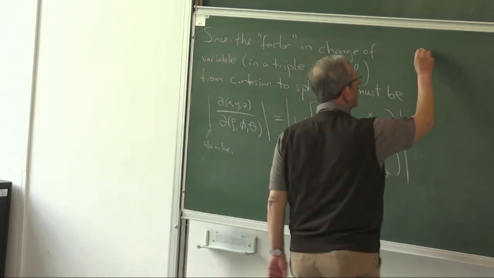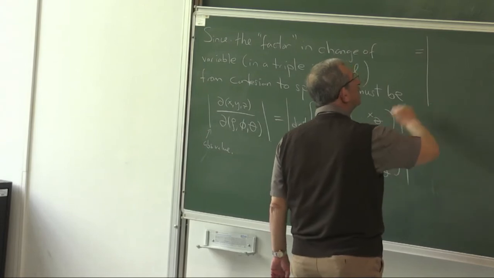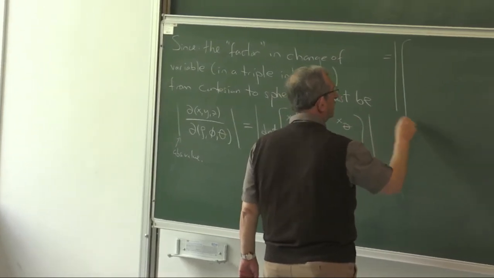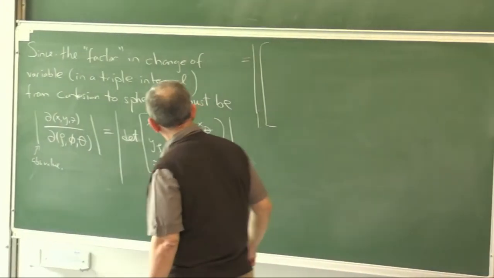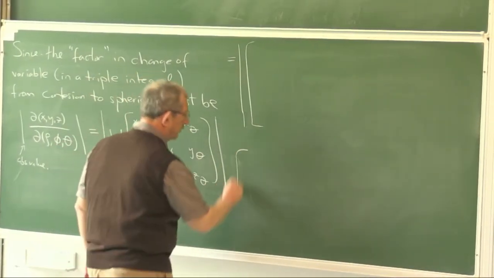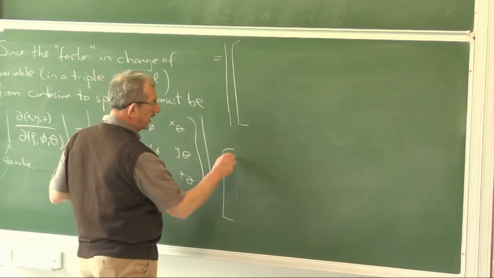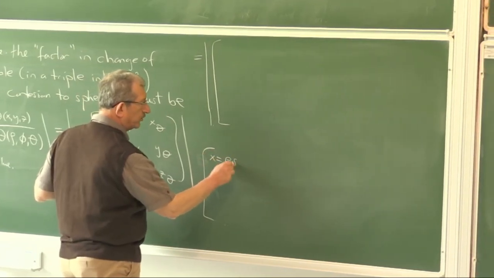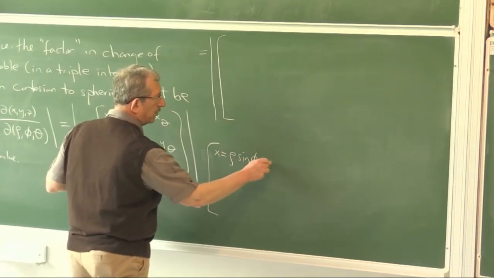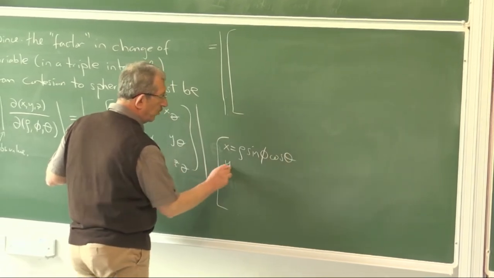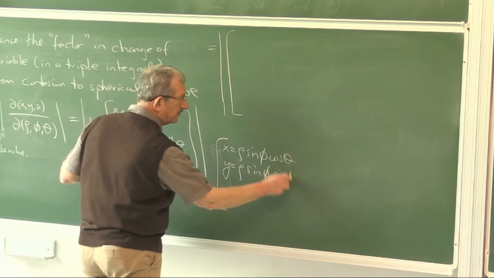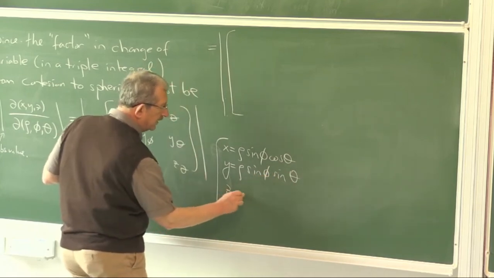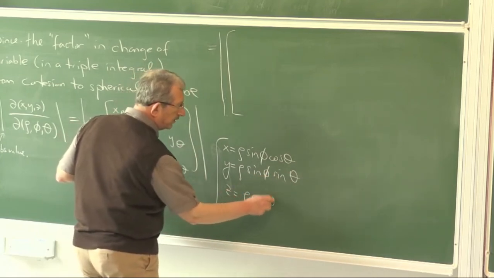So let us calculate this. Remember, x was rho sine phi cosine theta. y was rho sine phi sine theta. And z was rho cosine phi.